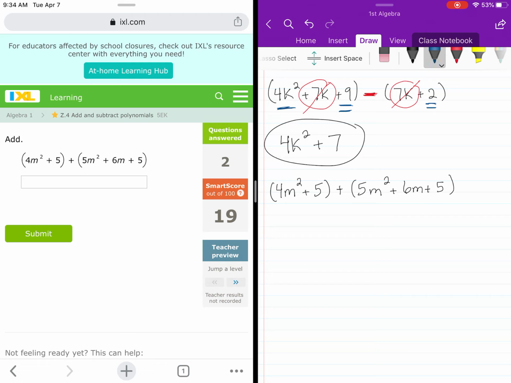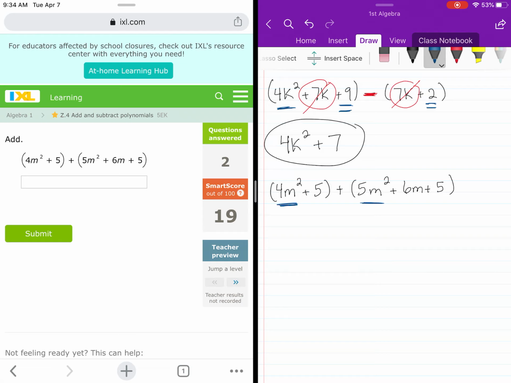So then now here what we're going to do is we have m squared, a 5 without a variable, and then m squared, and then an m, and then another number without a variable. So the ones that we are going to combine here are the 4m squared with the 5m squared. Now this is an addition, so we're going to add them.